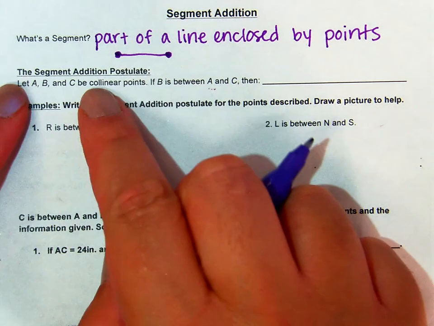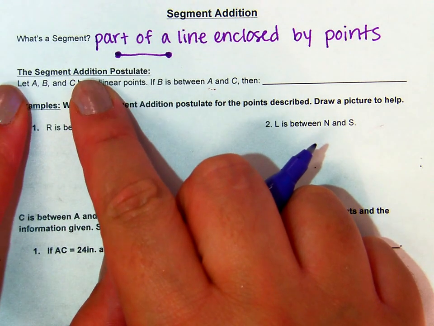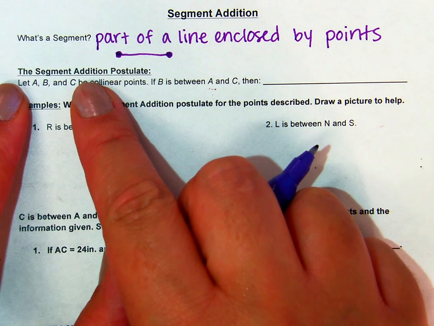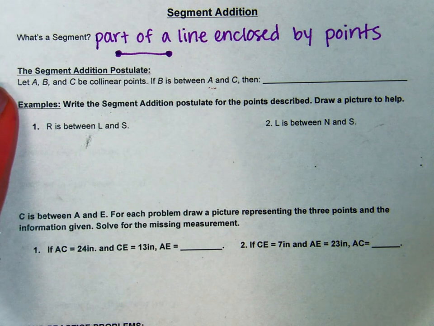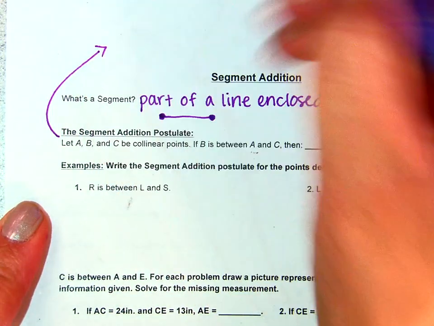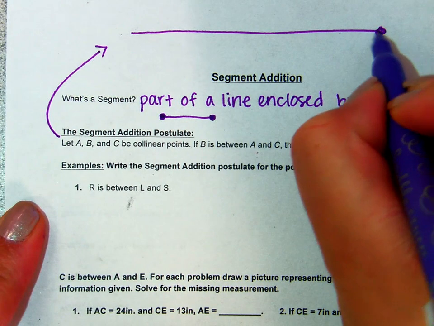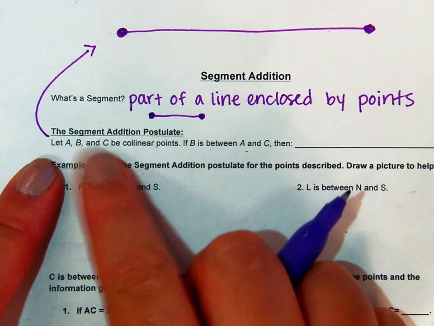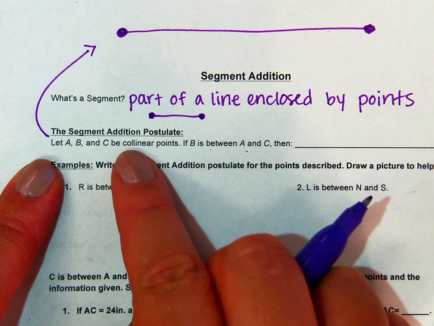Which means we have this idea called the segment addition postulate. This means I can break a segment. Let me draw a picture up here. Let's pretend I have a segment. The segment addition postulate says let A, B, and C be collinear points.